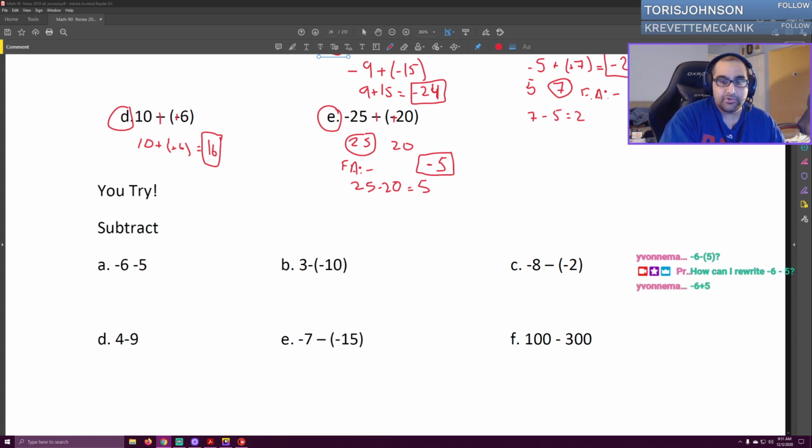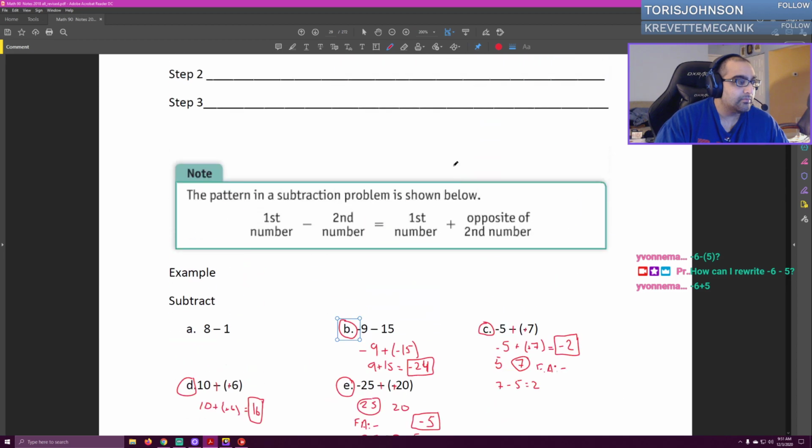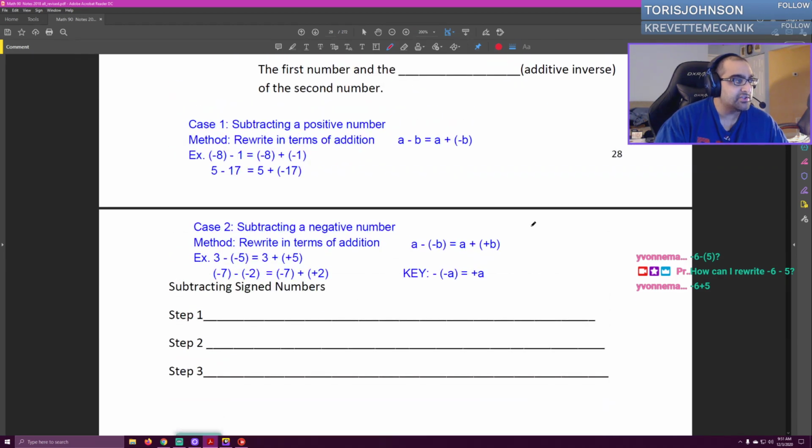Negative 6 plus 5? We'll try again on that one. That's not the same thing. Again, take a look at your cases up here. You have to use one of the two methods depending on how the problem is written.